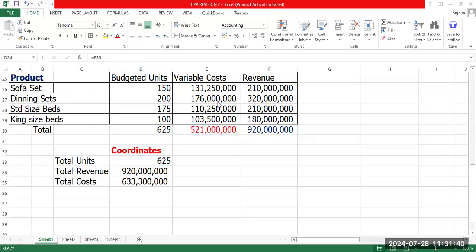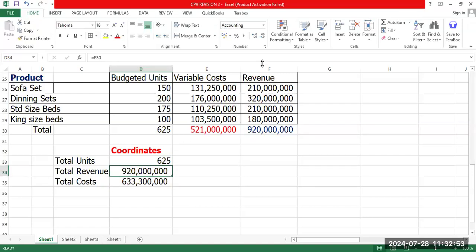As you plot total costs and total revenue, you're standing on this point on the horizontal axis, 620, then look for 920.